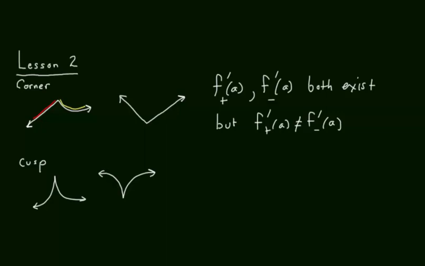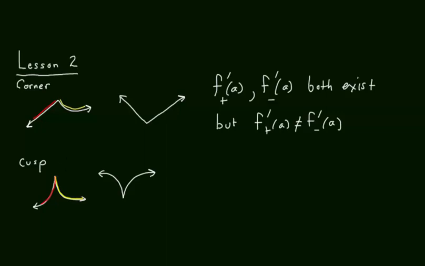Now, what makes this cusp different than the corner is the fact that not only do the two one-sided derivatives differ, but this slope, you see, maybe this is positive 2, and then it's positive 5, and then positive 10, and really large, really large. This is actually approaching infinity, positive infinity. And as we approach from the right, it's approaching negative infinity. So it's an extreme corner.